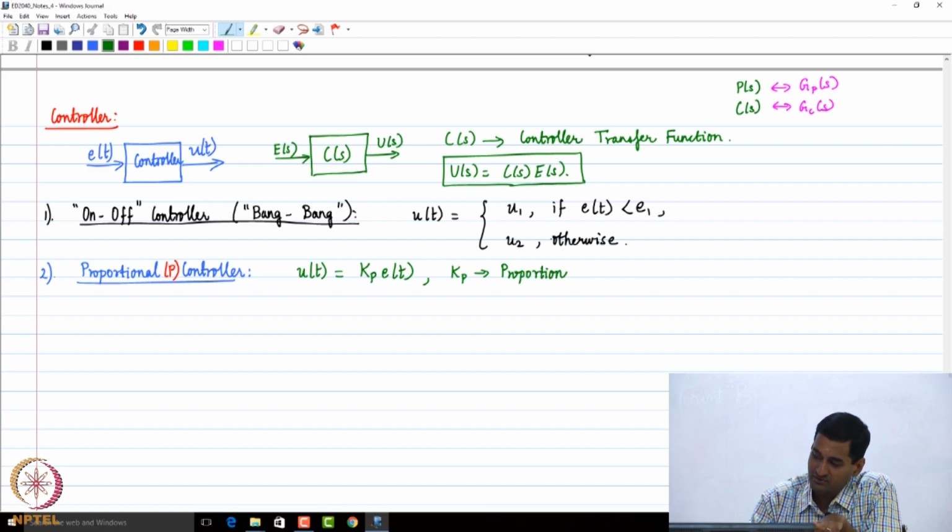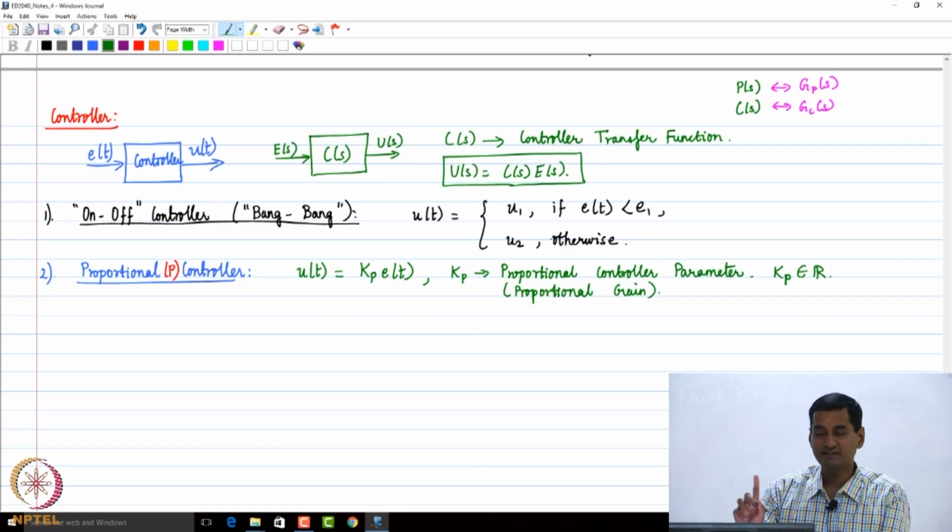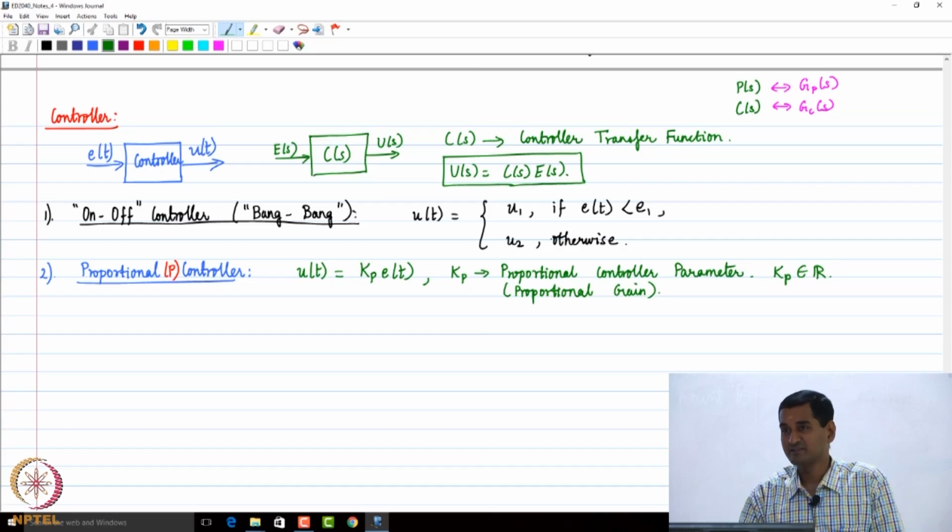In a generic sense, I should say proportional controller parameter, but very commonly it is called the proportional gain. Obviously Kp is a real number. It can take any value between minus infinity and plus infinity, at least from a mathematical perspective.